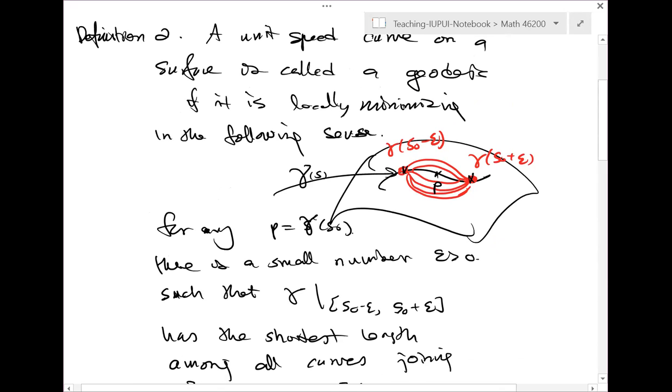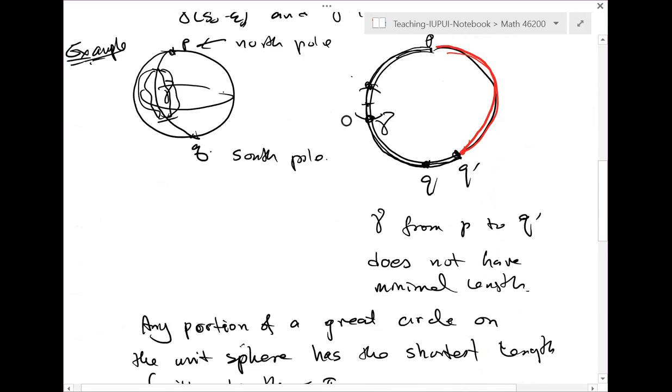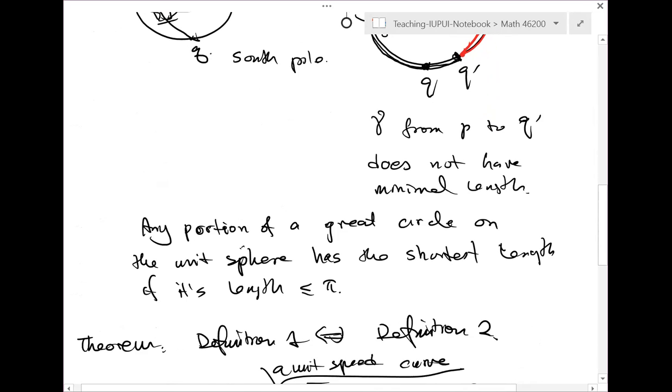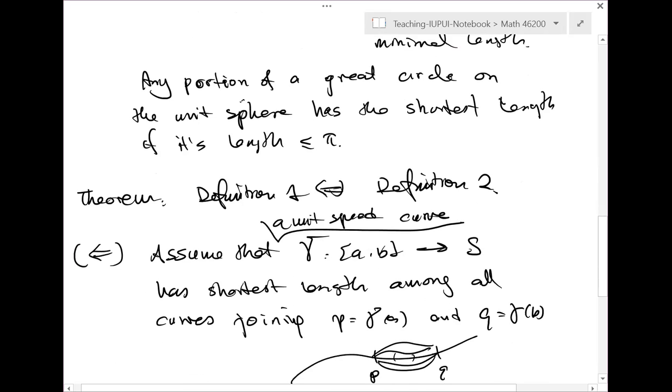Another definition, in other textbooks, is that a unit speed curve on the surface is called a geodesic if it is locally minimizing. Actually, those two definitions are equivalent.